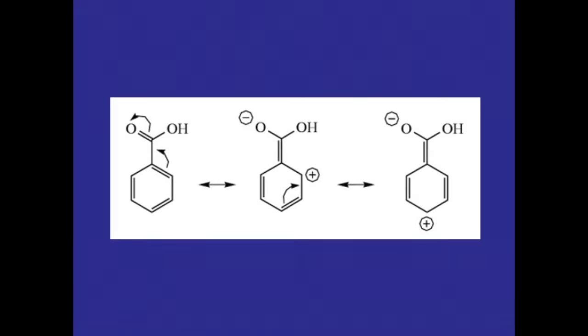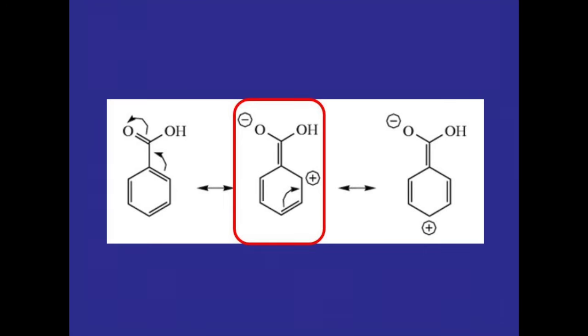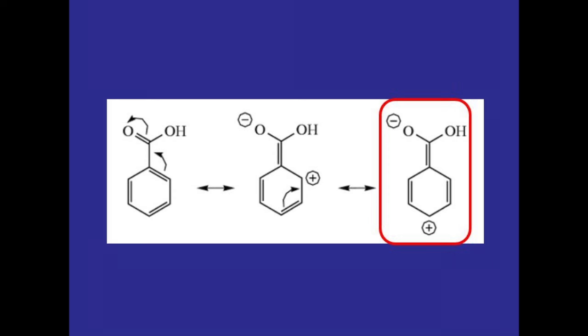For that, let's look at benzoic acid and consider its resonance structures. The carboxylic acid is in conjugation with the aromatic ring and is an electron withdrawing group, so we can draw a resonance structure where electron density is being pulled out of the aromatic ring and a positive charge is placed on the ortho position. And then we can draw a further resonance structure where that positive charge is now placed on the para position.